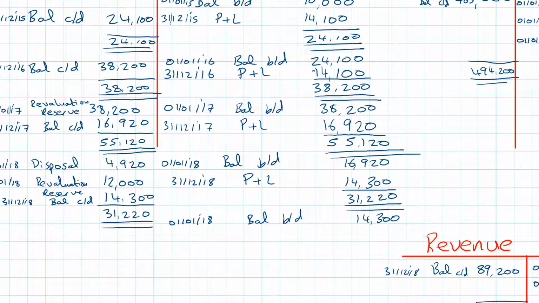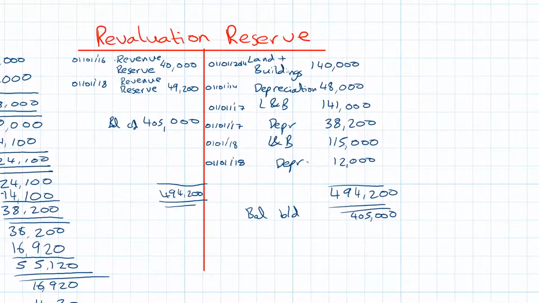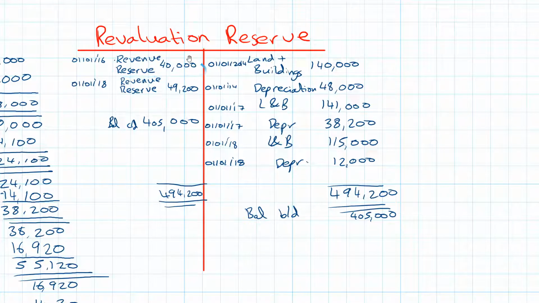Because the only thing that's left in the revaluation reserve, because we sent some things to revenue reserve, is our first building. So we got rid of our land, we got rid of our extension, so we only have the first building that we had.